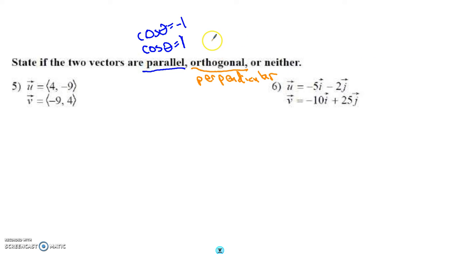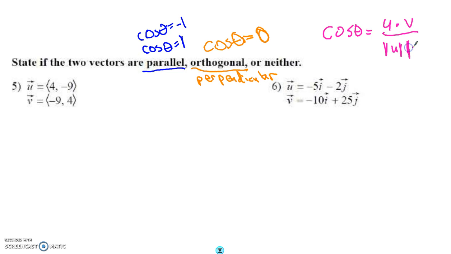And this is whenever cosine theta equals 0. Okay, and this one's easier to find because basically, if your dot product is 0, then the whole thing is going to be 0, because our equation from yesterday was that cosine of the angle between the vectors is the dot product of the vectors over the magnitude of the vectors.